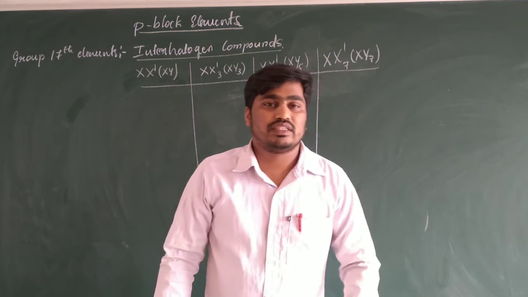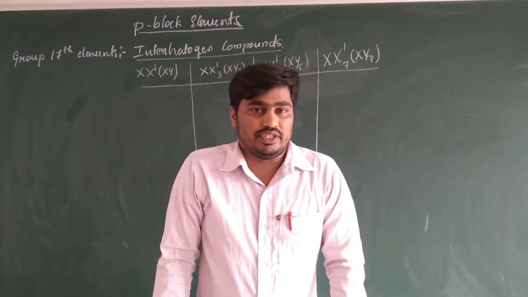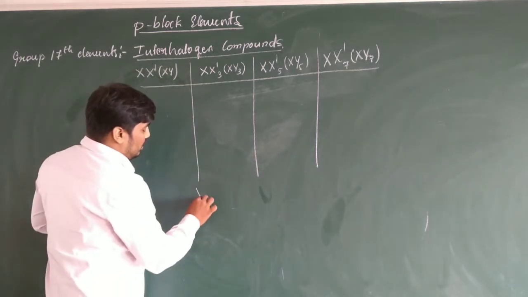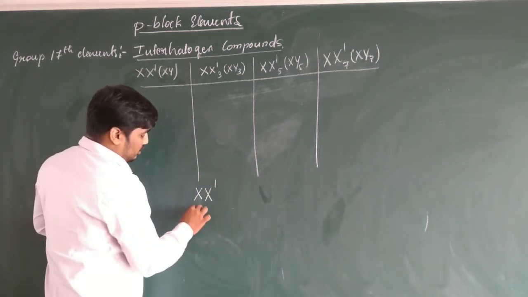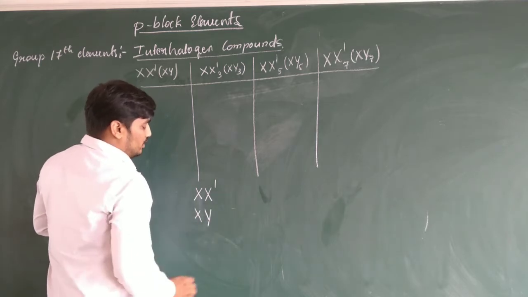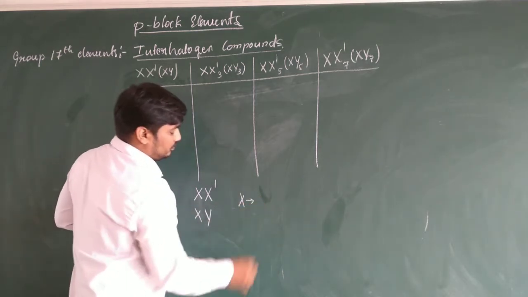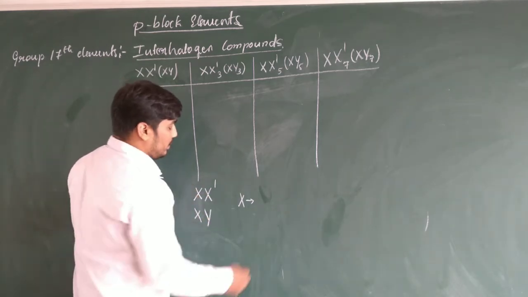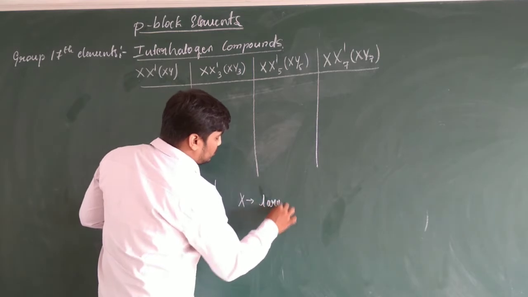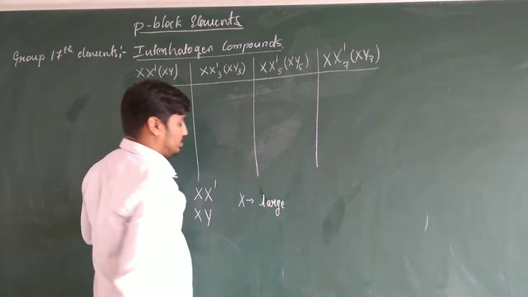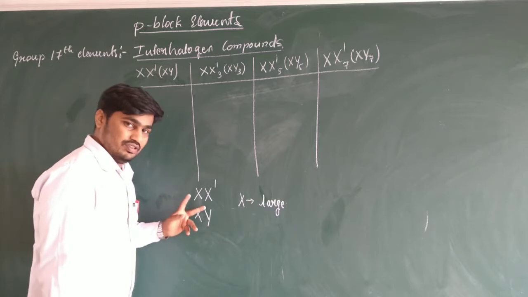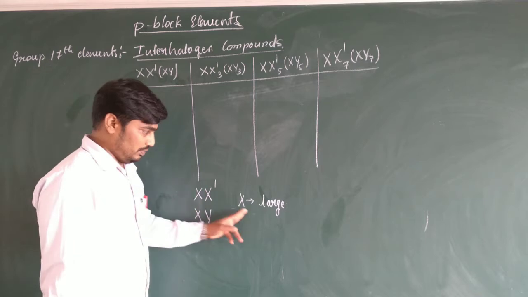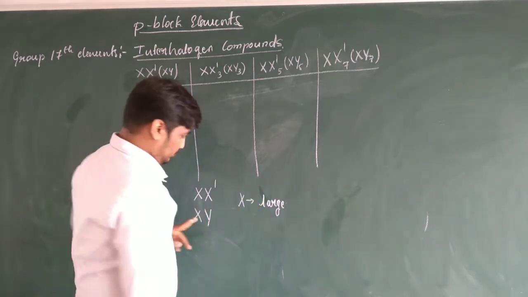Then what are the important things under the symbolic representation? We should remember a few things. In the case of XX dash or XY, the first X should be larger in size. It should be the larger halogen. When two halogens combine, the X should be the large halogen.